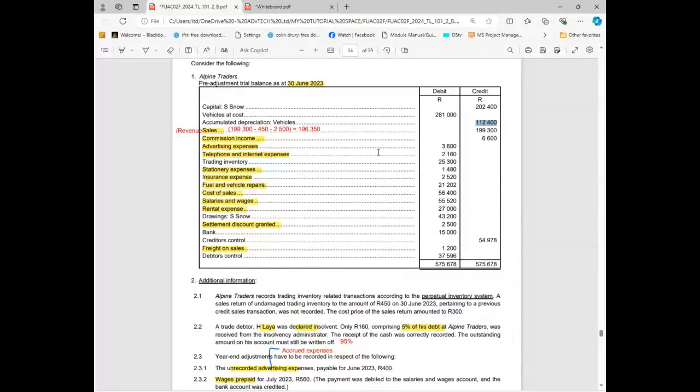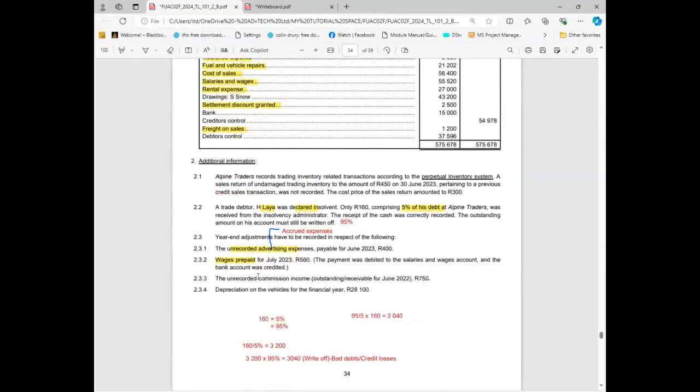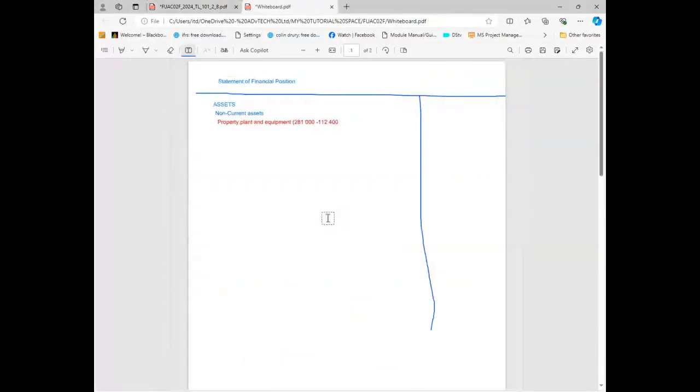We need to check because we can find that we've got additional depreciation here. Did we have any depreciation here? Yes, this one. Can you see? Yes, the 28,000 one. So you must also minus it because we want all the depreciation for that asset. And then you will get the carrying value that you're going to put here.